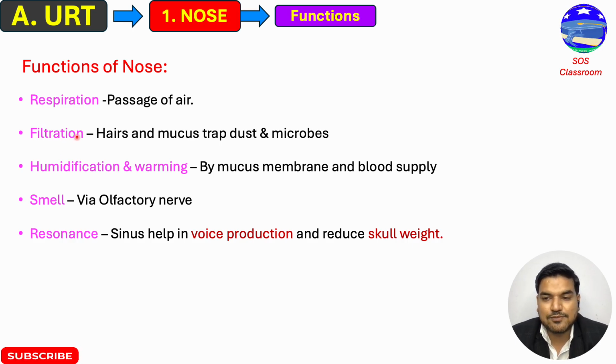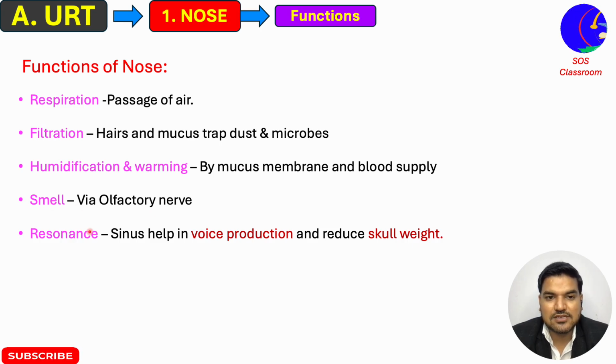There are different types of hair present in the nose, which are helpful to trap dust particles or different types of microbes, and mucus is also helpful to trap the dust and microbes. Humidification and warming. Humidification is done by mucus production by the mucous membrane, and warming is done by the blood supply. Smell, by the presence of the olfactory nerve.